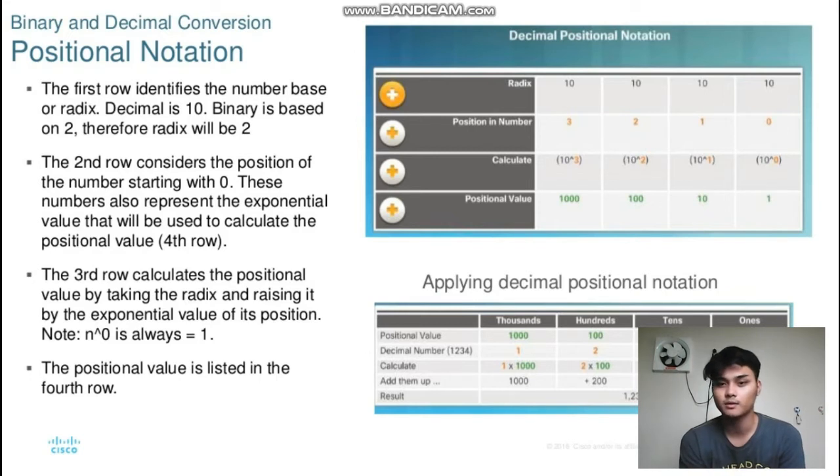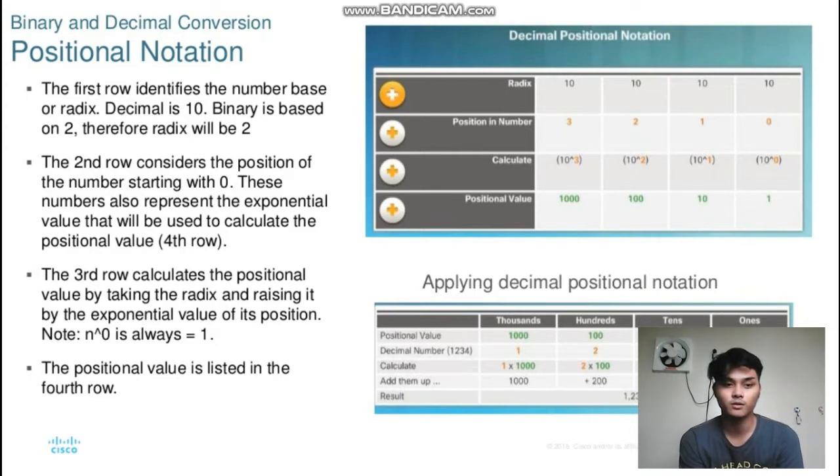This is the decimal positional notation. And then we have applying decimal positional notation: positional value, decimal number, calculate, and then add them up, and we have a result. The first row identifies the number base, or radix. Decimal is based on 10. Binary is based on 2, therefore the radix will be 2.